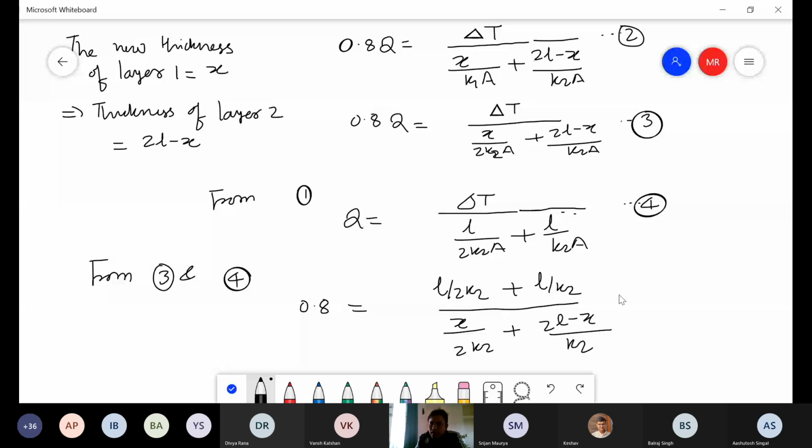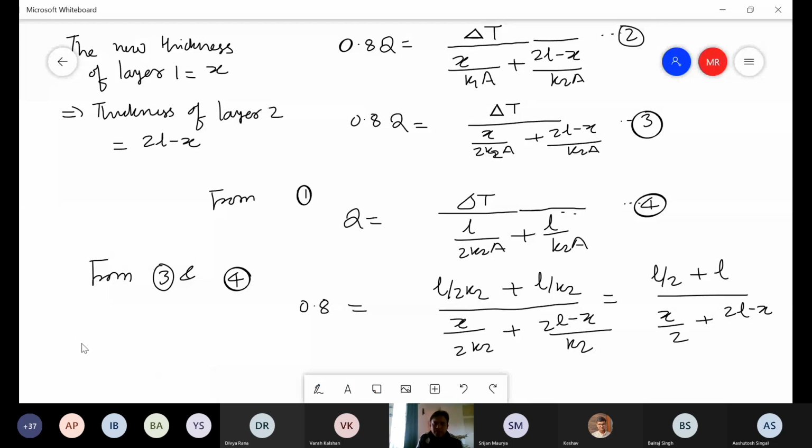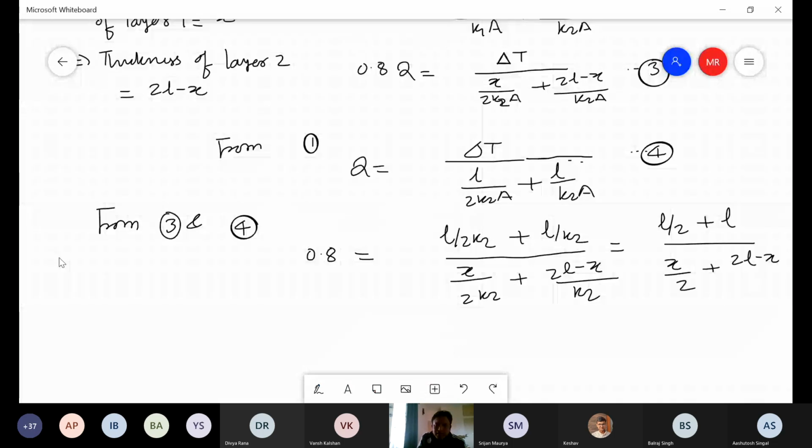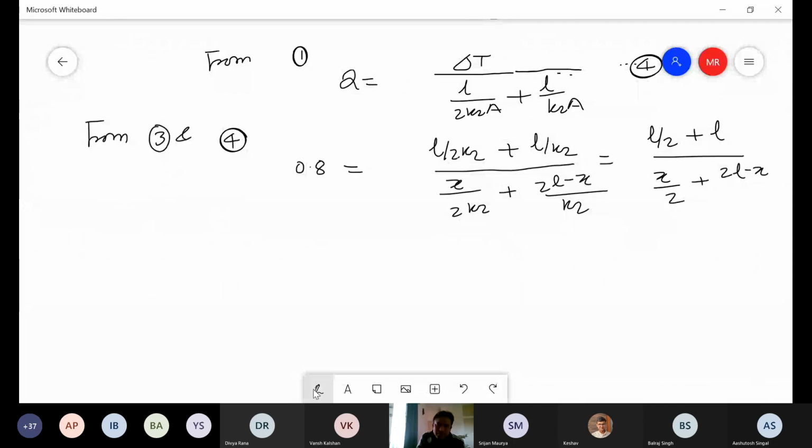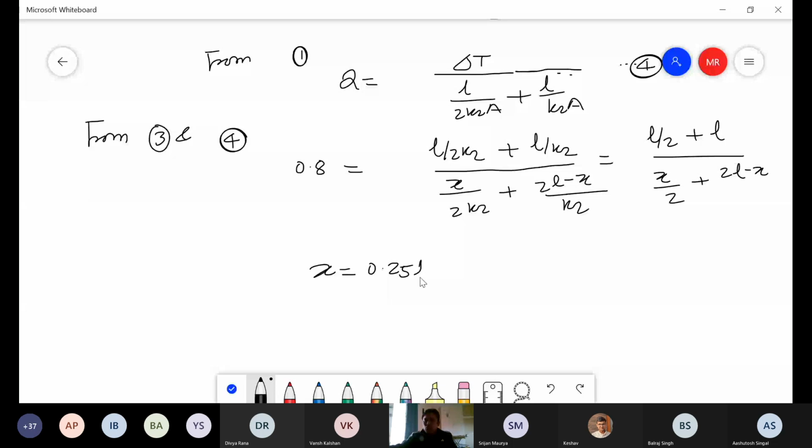So we get L by 2 plus L divided by X by 2 plus 2L minus X. And if we rearrange this, we get the relationship between L and X, isn't it? So X is obtained as 0.25 L. So are you all getting the same?